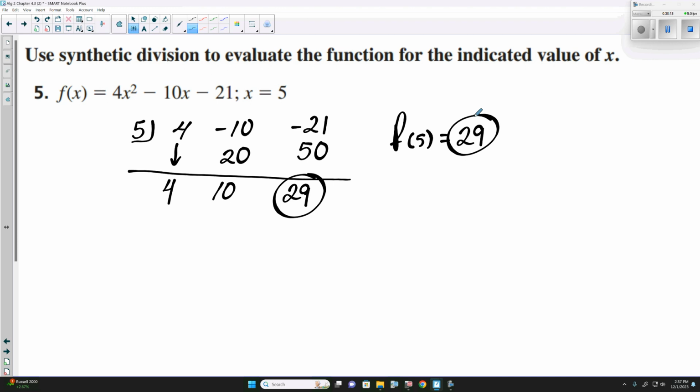We feel comfortable with these here? The value we're looking for here is just 29, because we're just trying to evaluate it for that given value. So we're not looking for the whole thing.